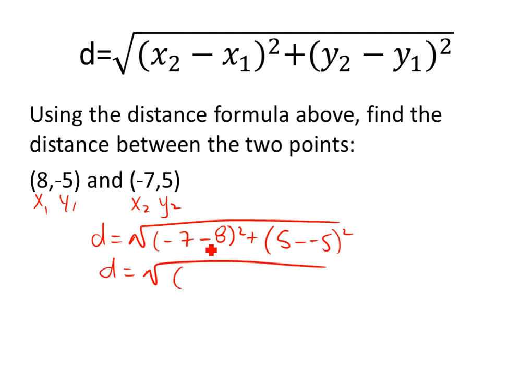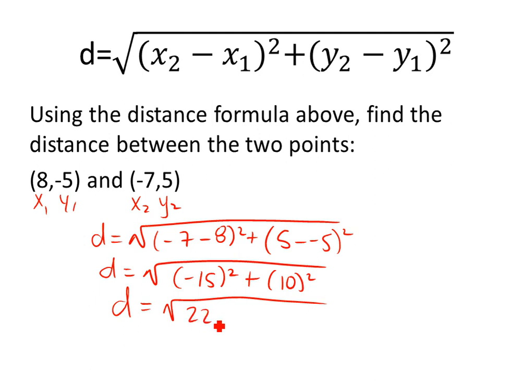So -7 minus 8 is -15 squared. 5 minus a -5, that's a +10. -15 squared is 225 plus 100. So the square root of 325, put that in the calculator, round to 1 decimal place, I get 18.0.